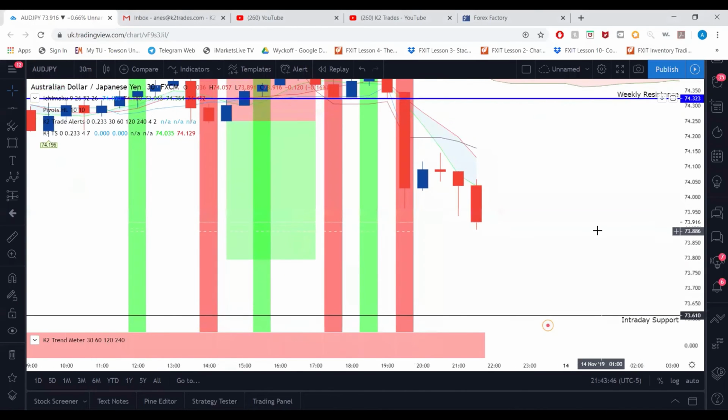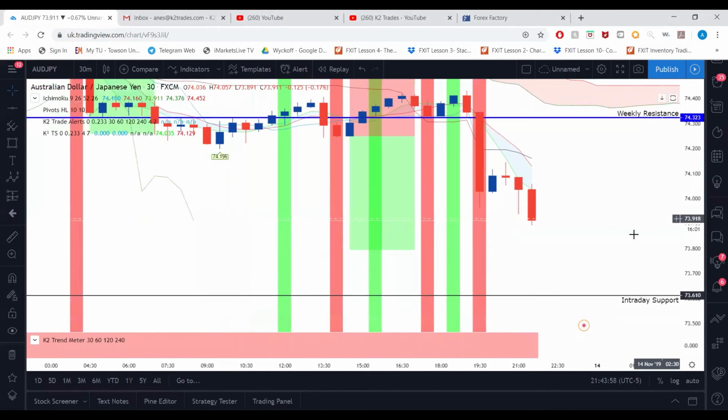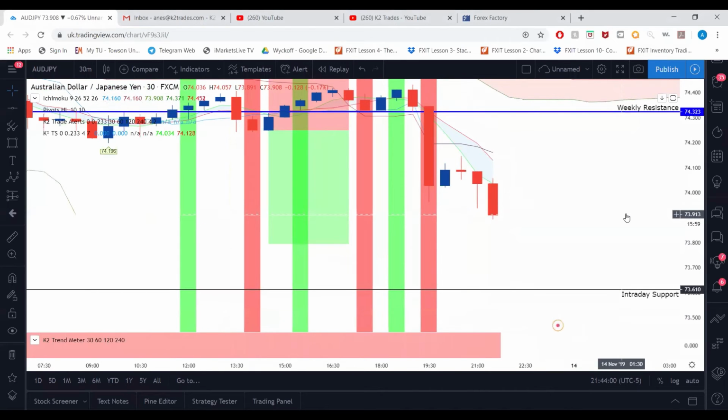So you gotta be careful with stuff like that, because you are entering after it already dropped 40 pips. You know what I mean? And this is not a fast moving pair. If this was GBP or Euro, it's fine, because once they determine direction, they're gonna move 150 pips in that direction.